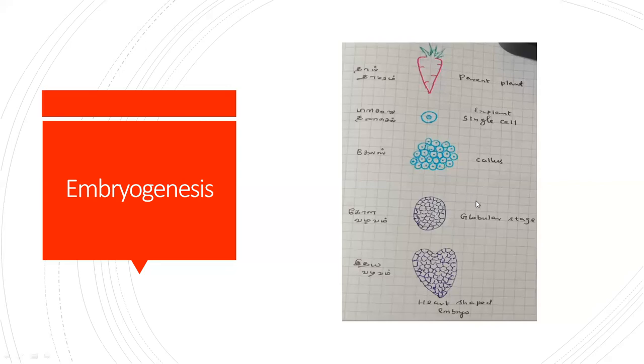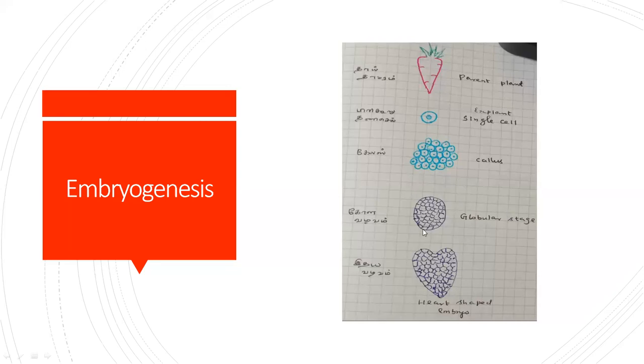If it is a dicot plant cell, then you need different kinds of hormones like IAA, indole 3 acetic acid, IBA, indole butyric acid, and cytokinin in the culture medium. So from the callus, embryogenesis takes place in mono as well as dicotyledonous plants.